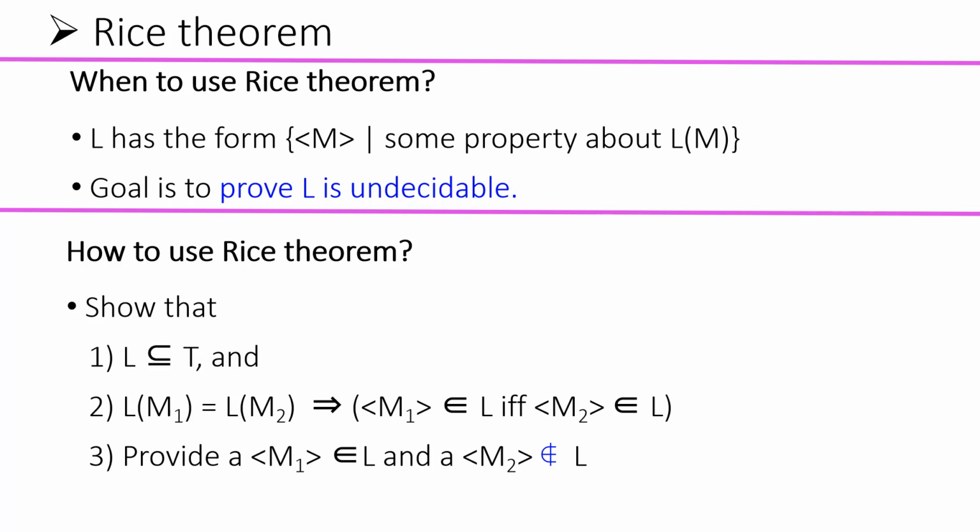Then you show that if some general Turing machines M1 and M2 define the same language, then either both of them are in L or both of them are not in L. Finally, you provide two specific Turing machines, M1 and M2, such that M1 is in L and M2 is not in L. Usually, these two machines are simple. I bet you're confused how we actually show these three steps. Let's dive into an example.